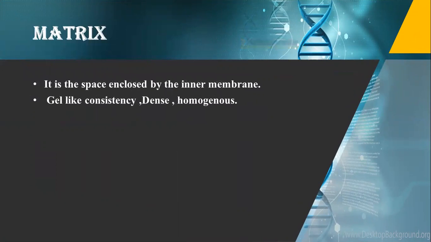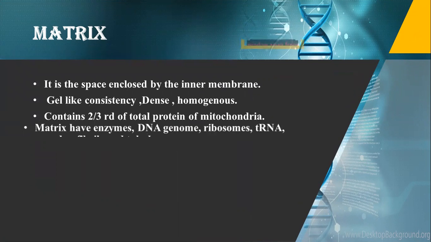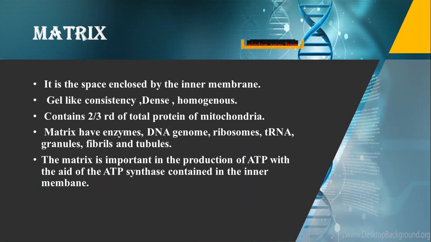What does matrix mean? The matrix is the space enclosed by the inner membrane, gel-like, consistent, dense, homogeneous, containing two thirds of the total protein of mitochondria. The matrix has enzymes, DNA genomes, ribosomes, tRNA, granules, fibrils, and tubules.